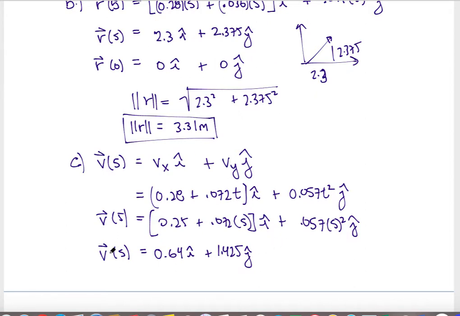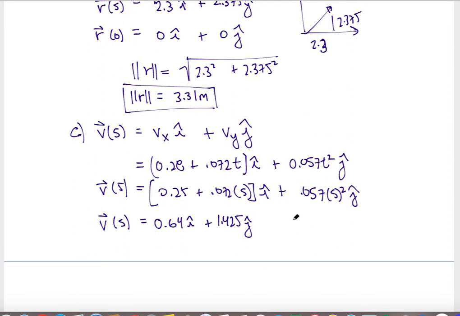So going through the same process I did for position, I'm going to use the Pythagorean theorem to find the magnitude of this velocity vector, which is just the square root of 0.64 squared plus 1.425 squared, all square rooted. So this magnitude works out to be 1.56 meters per second.